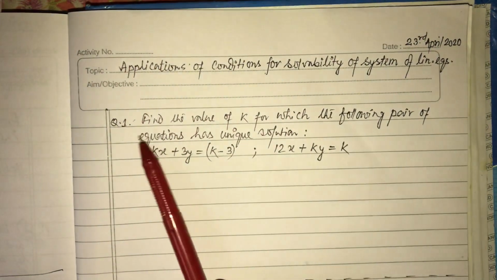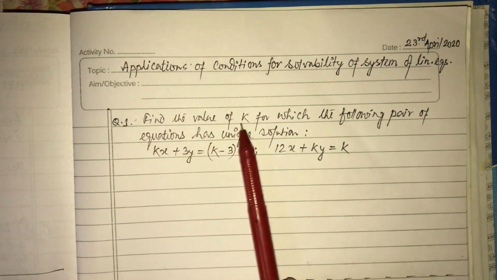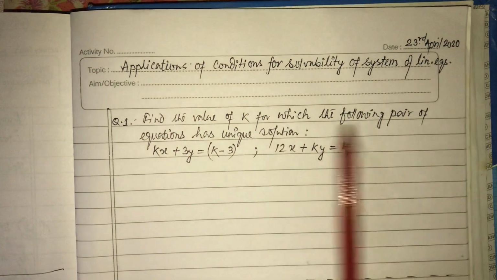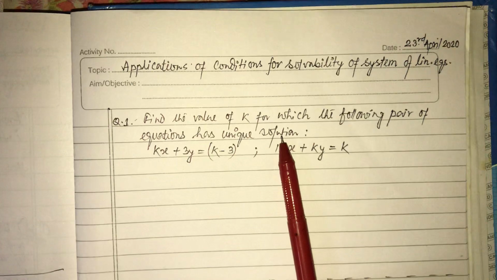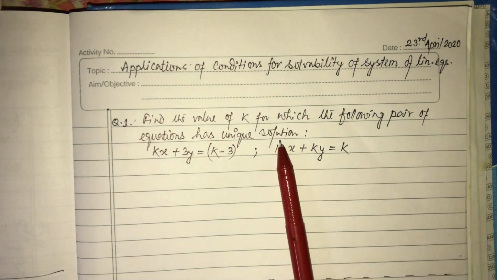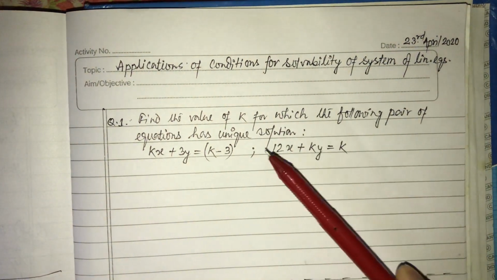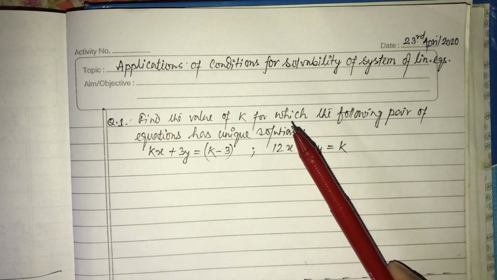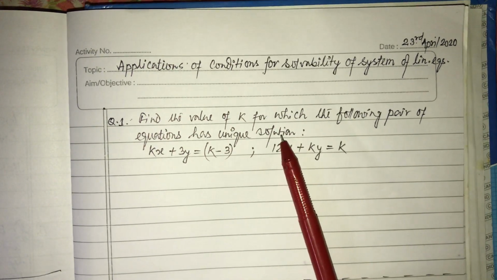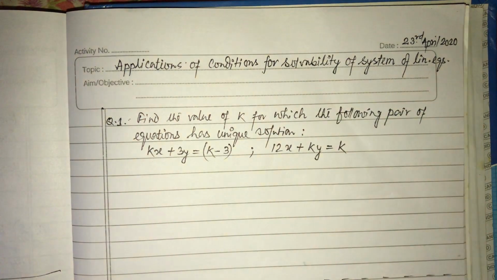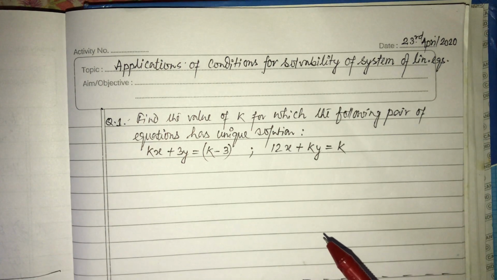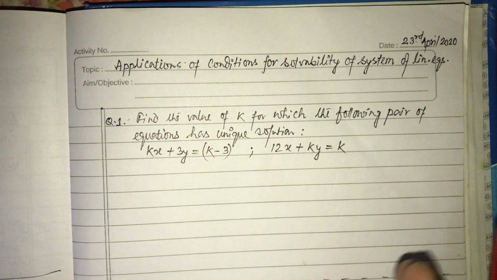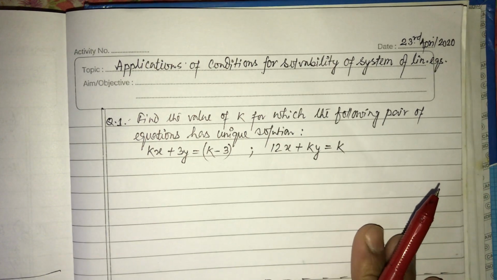The first question: find the value of k for which the following pair of equations has a unique solution. Yesterday we learned three conditions. The first was unique solution, the second no solution, and the third infinite many solutions.